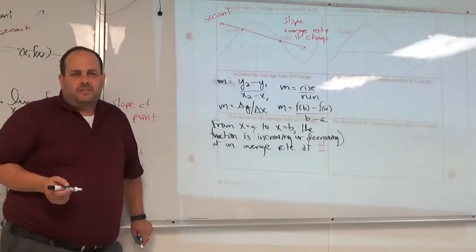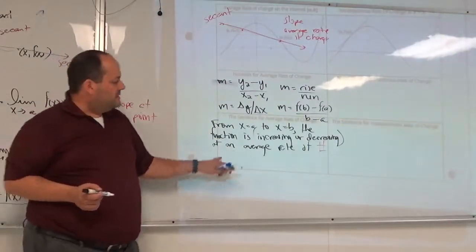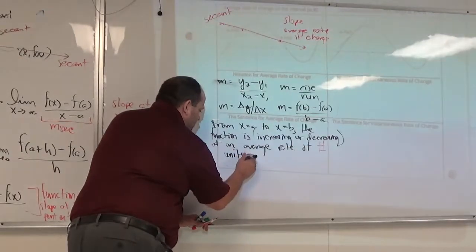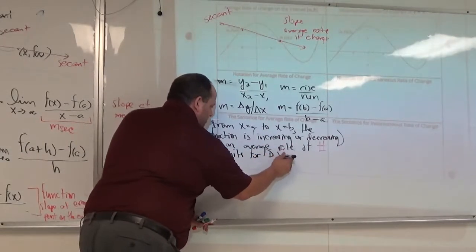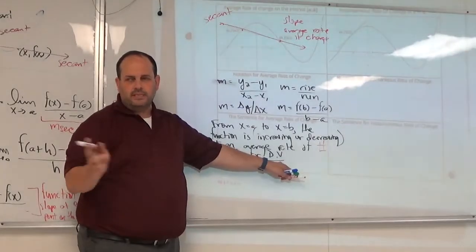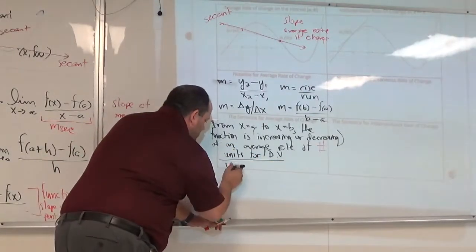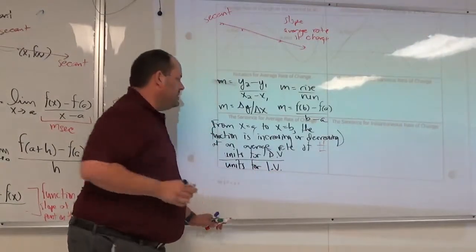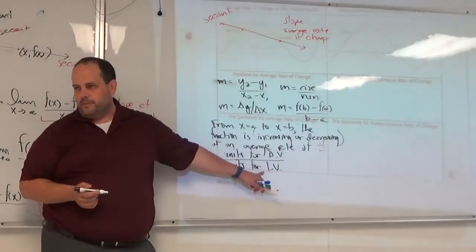And then there are the units. It was average rate of some number, and then units for, I'm just going to abbreviate, the DV. Do you guys remember DV? Dependent variable, divided by the units for the IV, the independent variable.